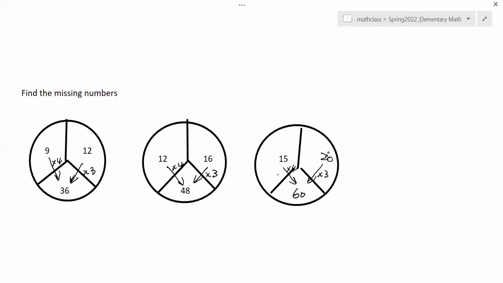Now there are two operations for the first circle and the second circle. Suppose you get two numbers, not only one. Okay, 60 and 20.